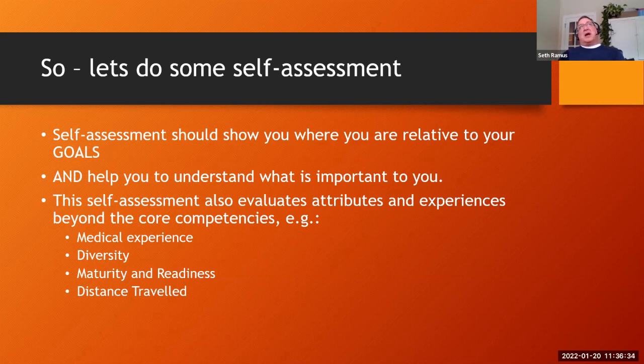I think that people underestimate maturity and readiness. The way I think about it is you are about to embark on a career where you would be making life and death decisions for people. You need some wisdom.